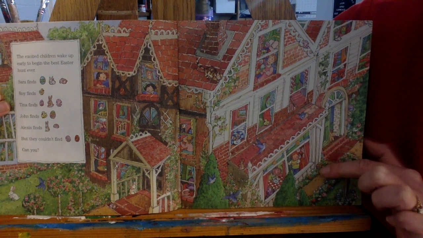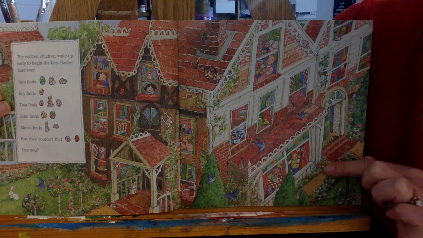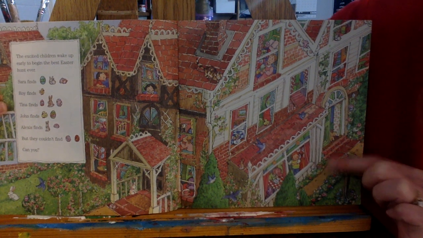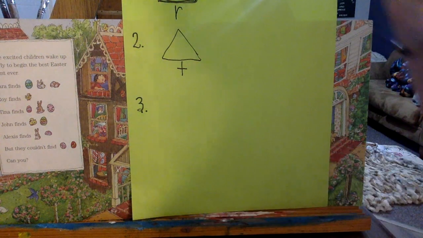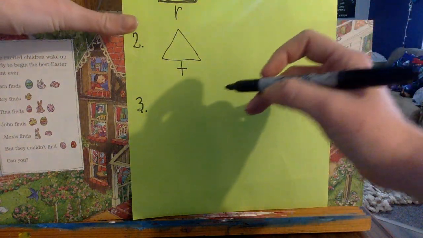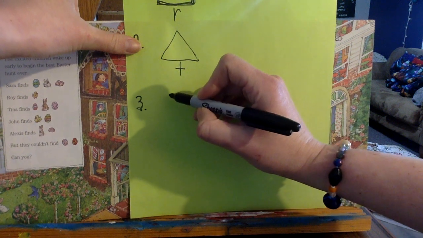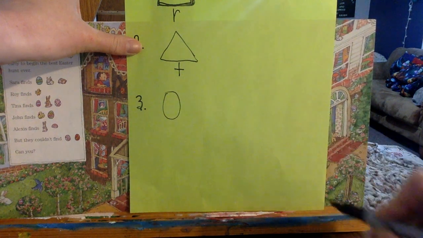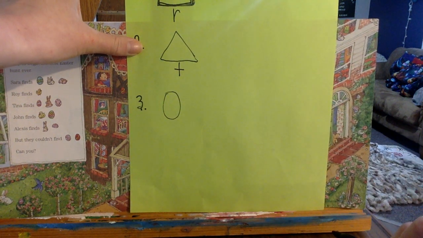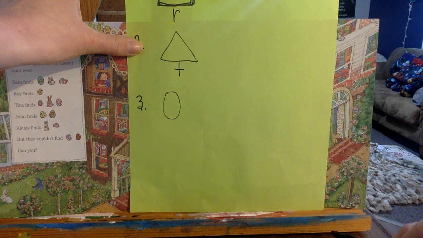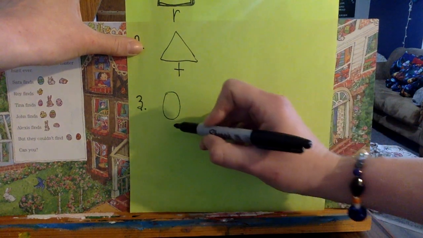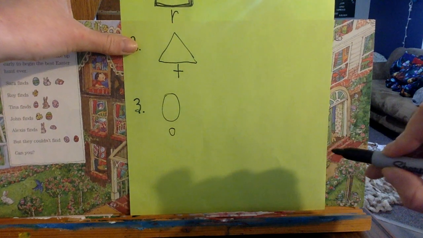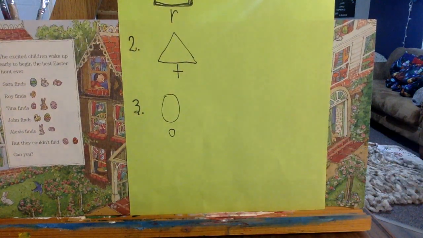So, for instance, here's one egg. It's got some zigzag lines on it. So, I can get out my piece of paper again. And next to the number 3, I will draw an oval. So I'm going to make kind of a smushed in circle. And the first letter sound in the word oval is an O. Wonderful.